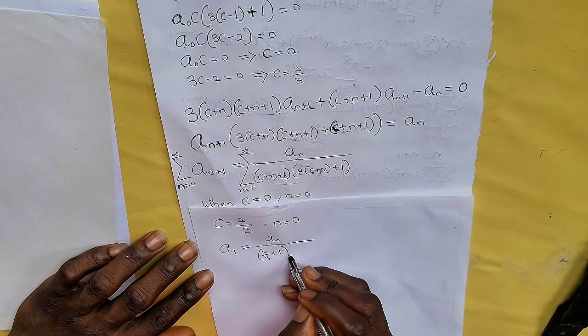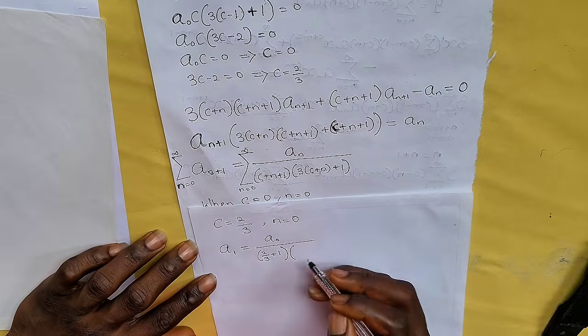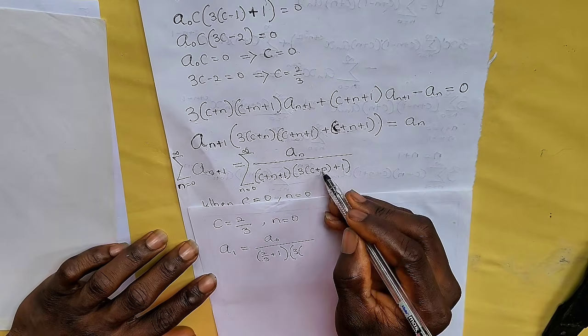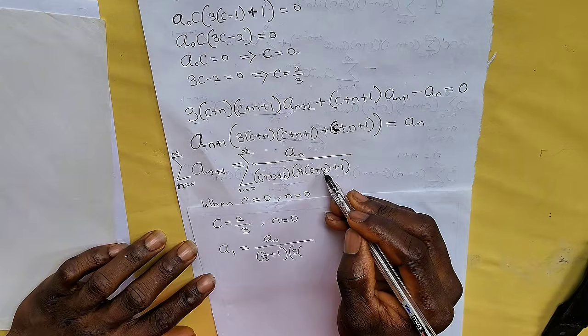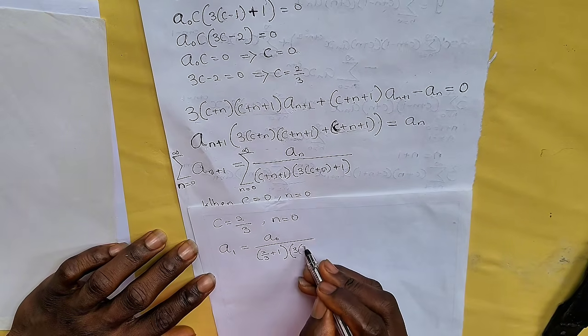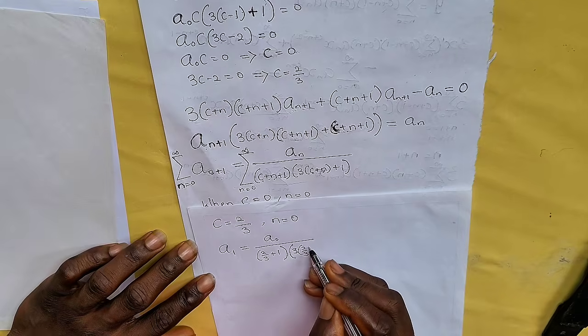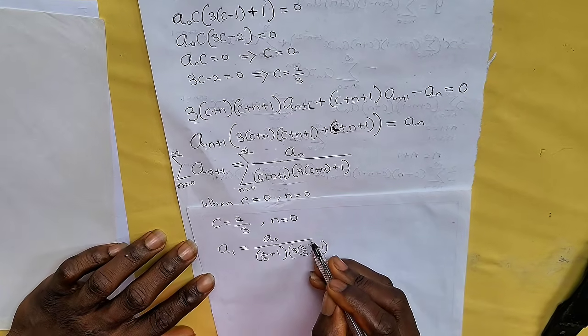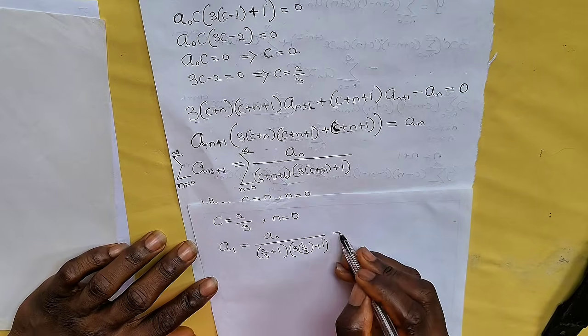Plus 1, yes or no? Okay. So here I'm going to have 3 into bracket, what? Because this is now 0. This is now 0, right? So this is 2 over 3. That will be 2 over 3, all into plus 1. Okay. So what will this give me?